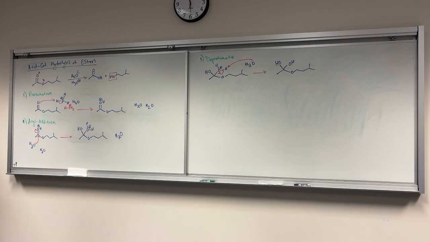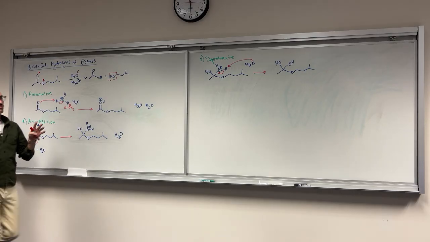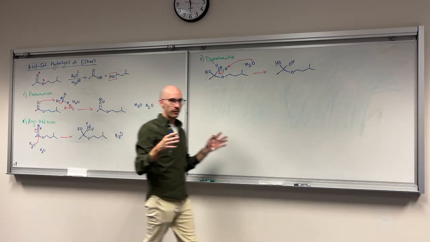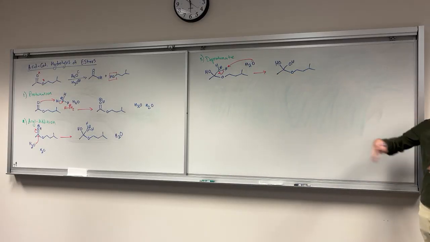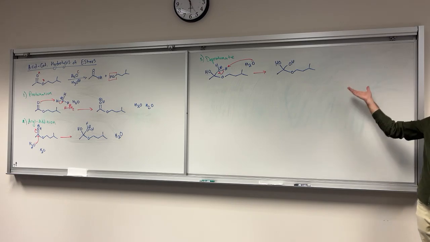Does this structure remind you of anything? It looks like a gem diol. And the gem diol was one of the hydration mechanisms we looked at, right? Aldehydes and ketones hydrate to gem diols, which means we're looking at something very similar to that.